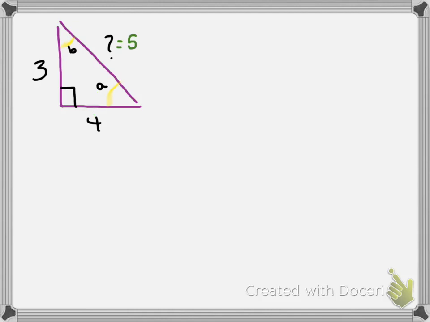So if we have opposite and we have adjacent, you have to think back, and opposite over adjacent is the same as tangent. So we're going to use tangent to find the measure of A.